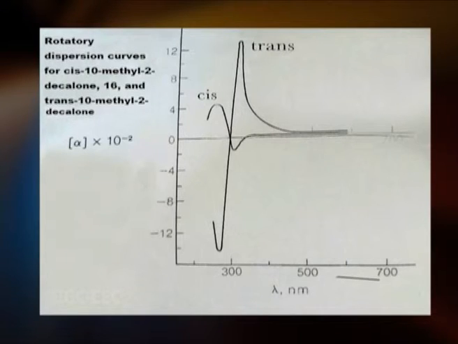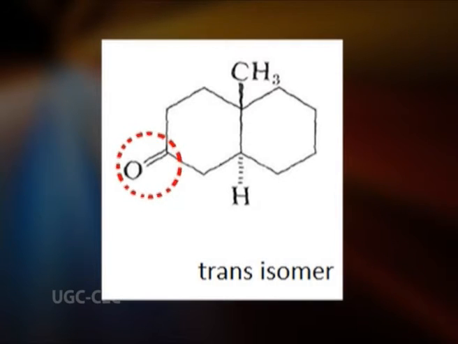The wavelength at the center point for the very rapid change in the rotation for trans is 300 nanometers and corresponds to the absorption maximum of the carbonyl group in the ultraviolet absorption curve of the same compound.